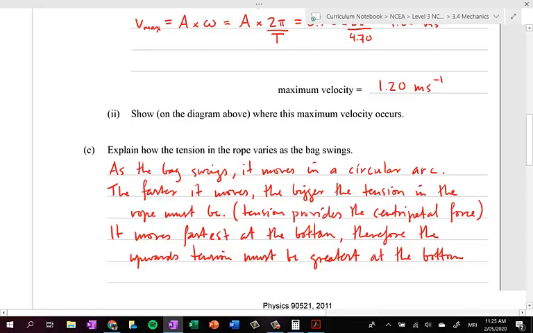because it's got to provide the force to oppose the weight force and the force to pull it upwards, and that we can say tension is smallest at either end.